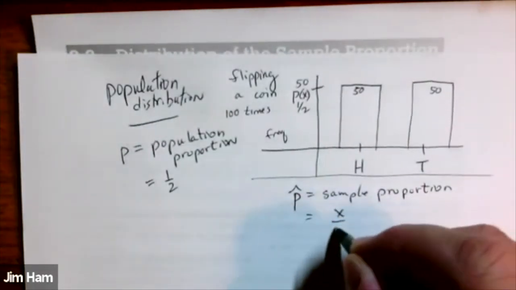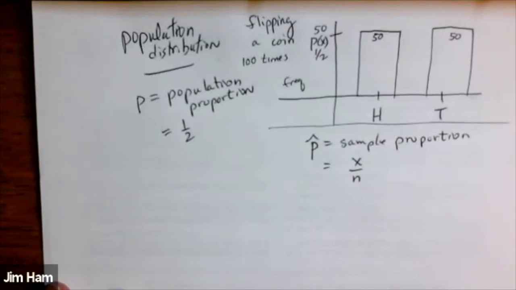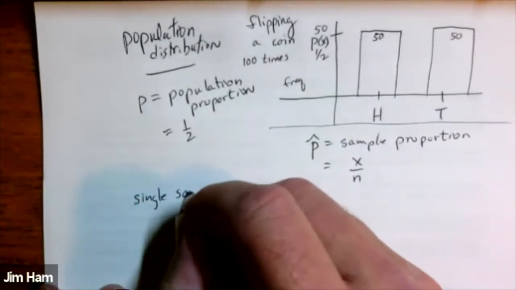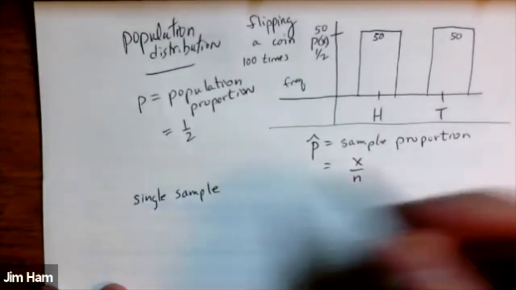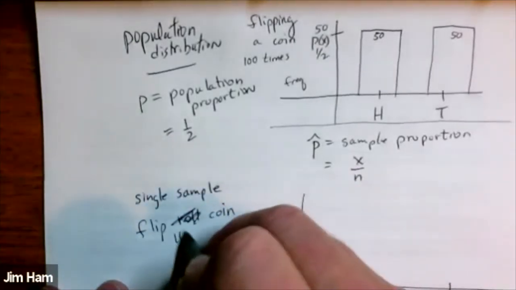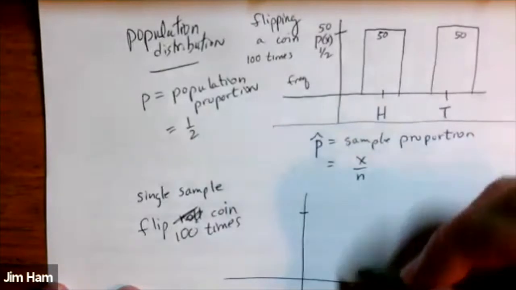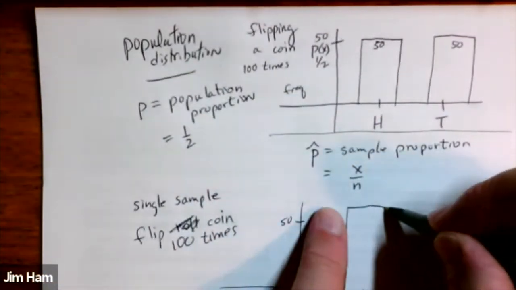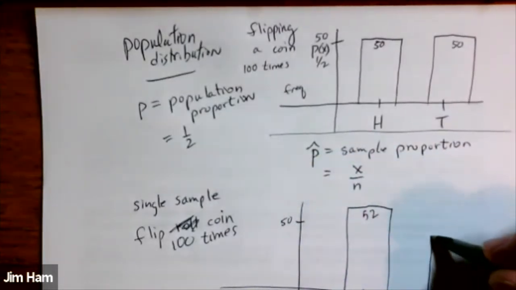The sample proportion is defined to be x over n. And so if we now look at a single sample, it could be the case that when we flip the coin 100 times, the number of heads we get might be, say, 52, and the number of tails 48. But this is just one single sample.